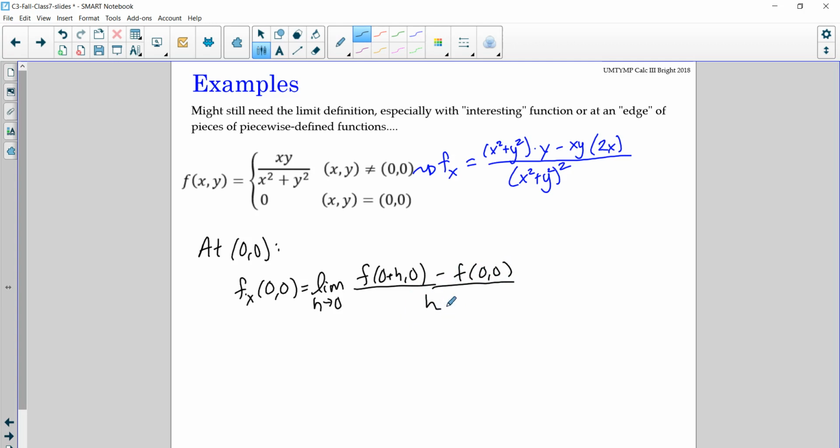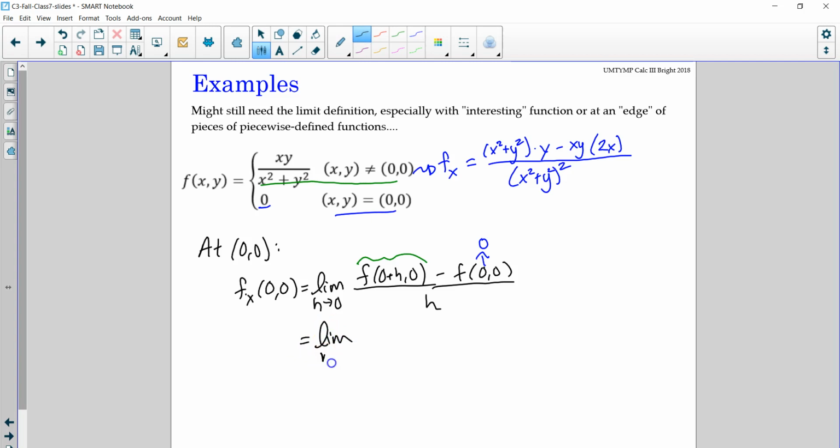I know this to be 0 by definition here. But for this component, I actually have to use that first branch, because I'm no longer in the case where I'm at the origin, I'm just pretty close. So if I do that, what do I get?